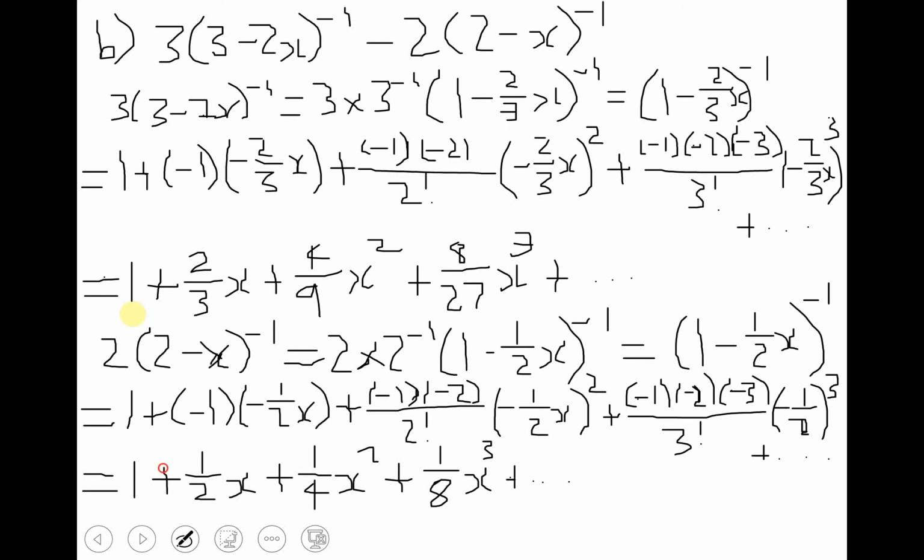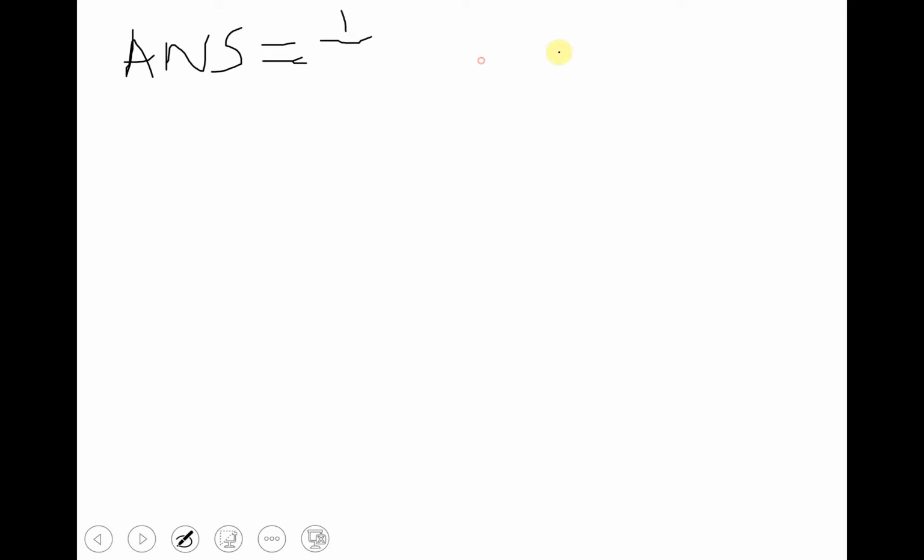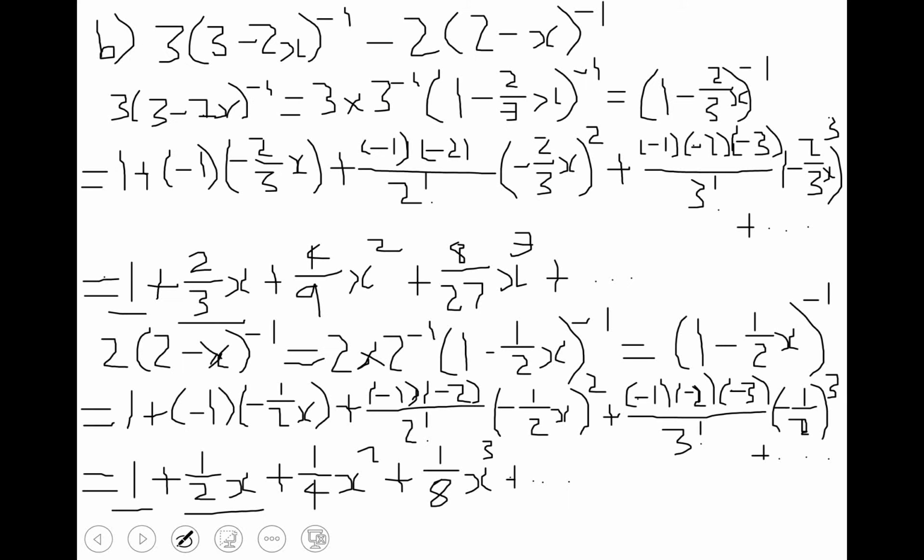So for the final answer, we're doing 1 take away 1, which is just 0. Then we're doing 2/3 x take away a half x, which gives us 1/6 x. Use a calculator, of course. Then we're doing 4/9 x squared take away a quarter x squared, which gives us 7/36.